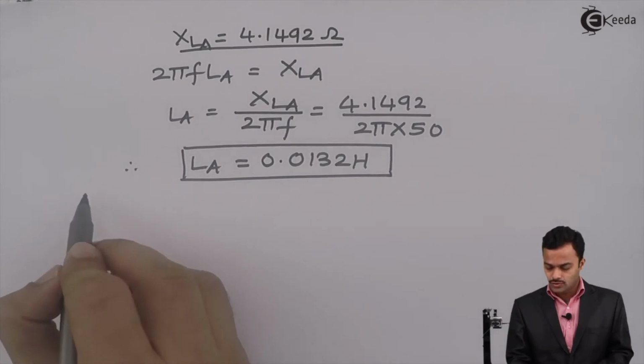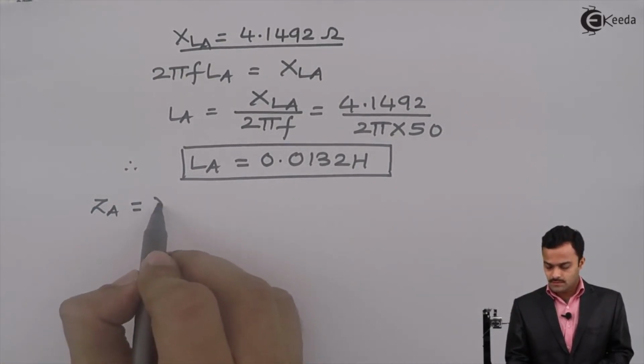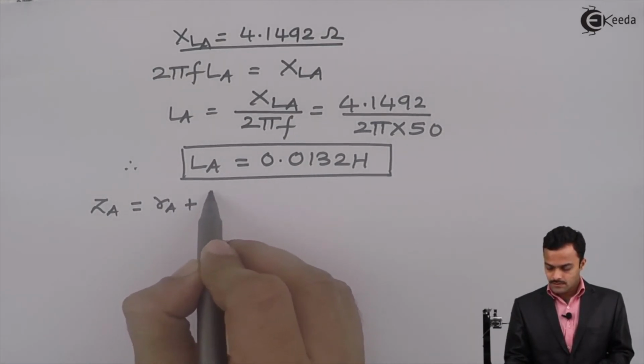So for that I should know impedance ZA, which is RA plus JXLA.